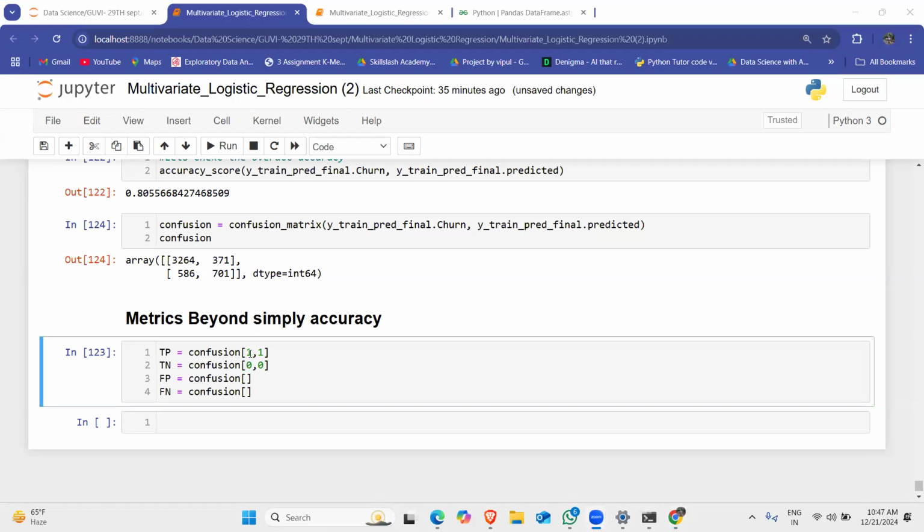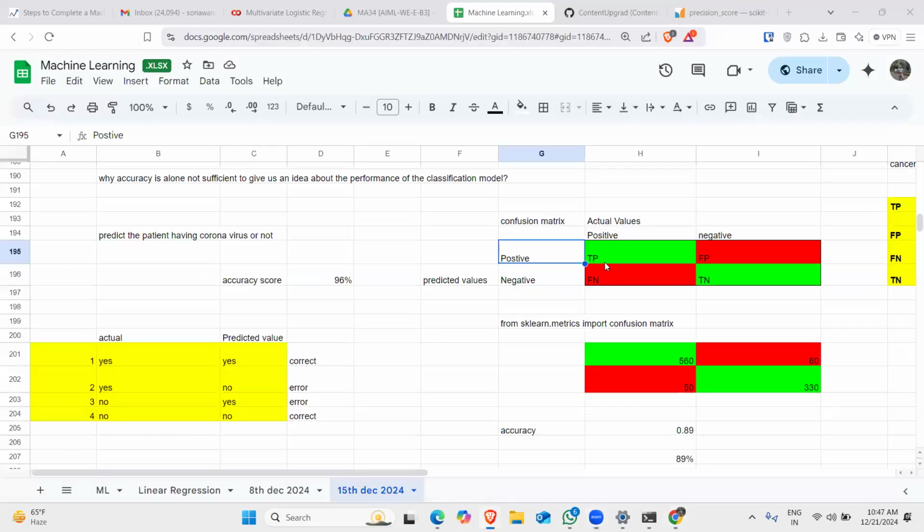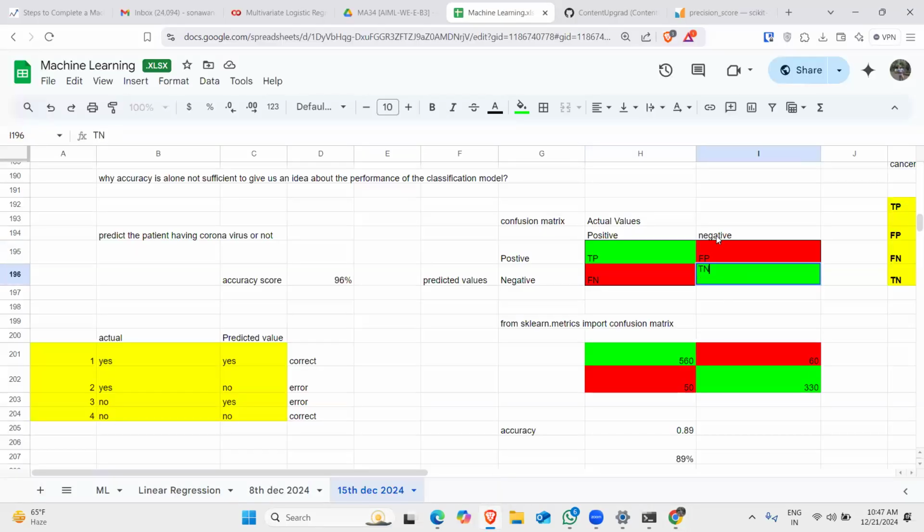No, the first one is related to your actual value. So 1, 1. The first one is related to actual, no? True negative is 0, 0. Now here, what we are finding is false positive. So first is actual, so that should be 0. Second one is predicted, so that should be 1.